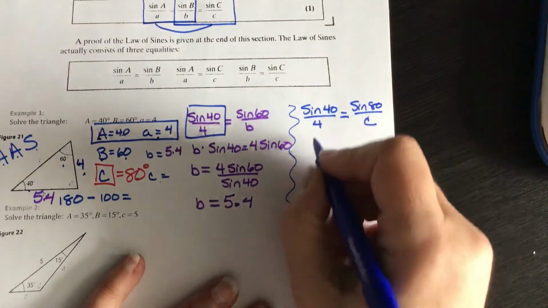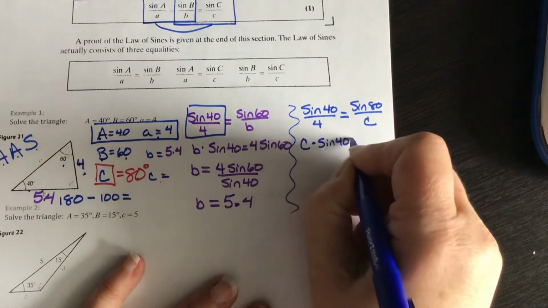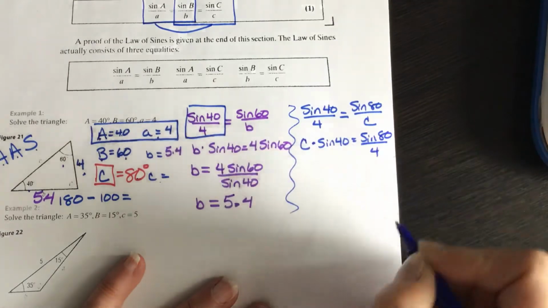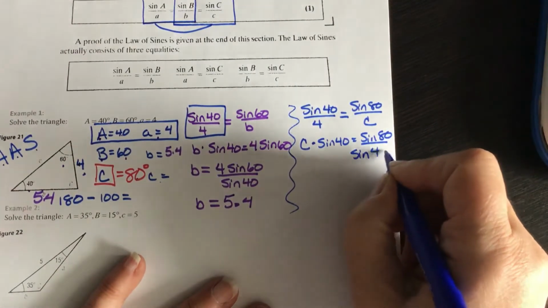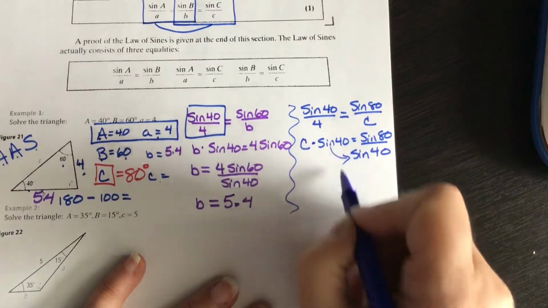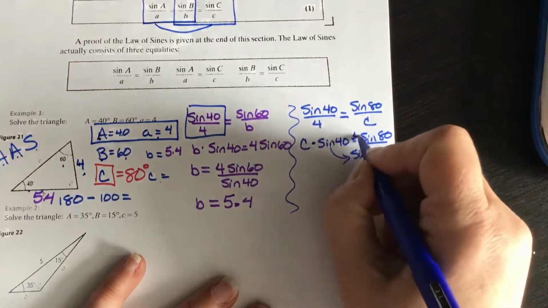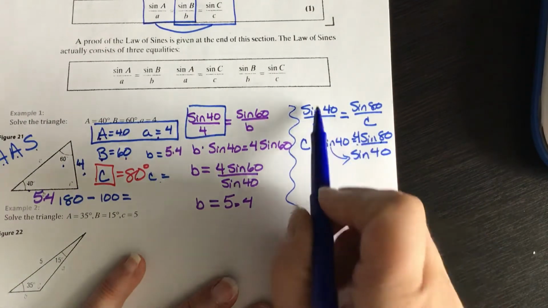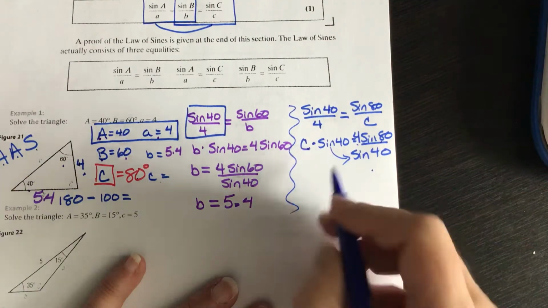Doing the cross products, c times sine 40 equals 4 times sine 80, and then I want to divide by sine 40 to get c all by itself.